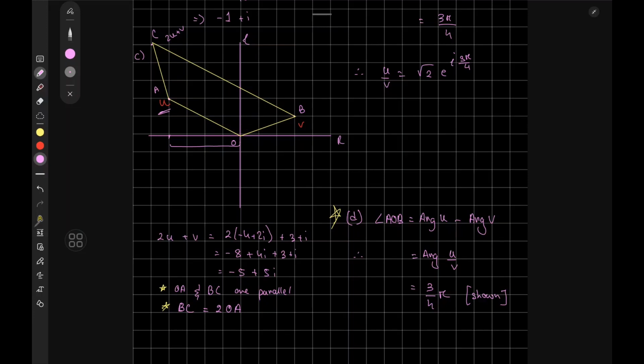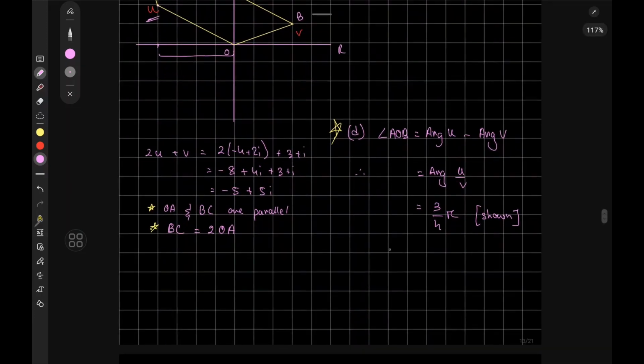If you remember, the argument of any two complex numbers which are divided, let's say u by v, can be written as argument of u minus argument of v.